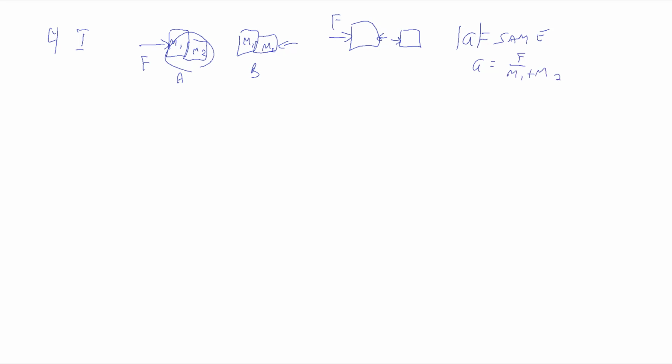Once you've got that, you can look at the block that doesn't have F touching on it, say this one, and say, well, its acceleration is only due to the contact force between them. Let's call that the normal force. The normal force in this case is equal to M2 times the acceleration. That is case A. In case B, the normal force is going to be equal to M1 times A, because in case 2, the only thing accelerating M1 is that normal force and it has to have the same acceleration.